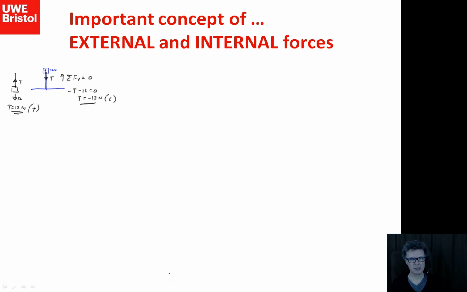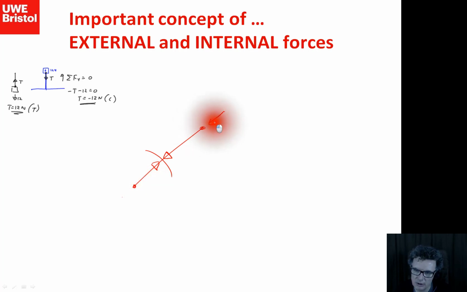Okay, so that's the important concept for a method of joints, that there's these external forces being applied to members, and that these members have forces inside them where we're going to define them wherever that cut might be, that we have this equal and opposite force inside the member as I try to apply some force outside the member.